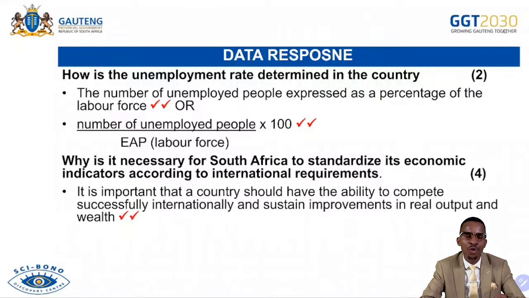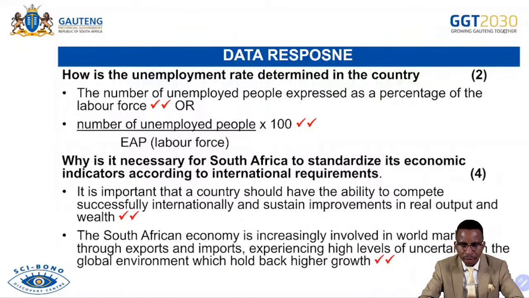If the country does not comply or uses its own principles in determining national accounts, that will lead to the country not easily being compared with other world countries in terms of social and economic indicators. The South African economy is increasingly involved in the world market through export and import, experiencing high levels of uncertainty in the global environment, which hold back higher growth.